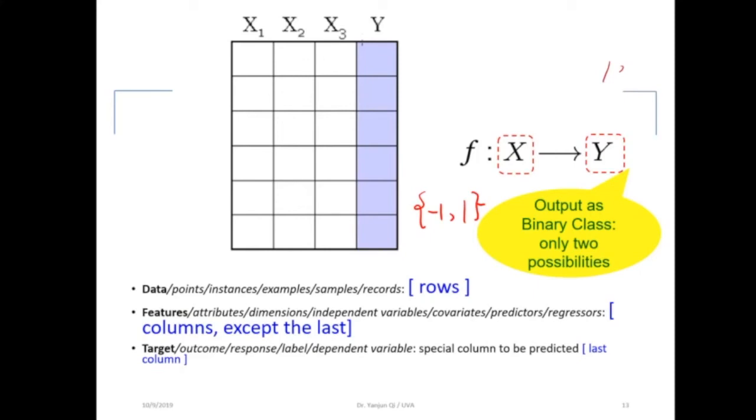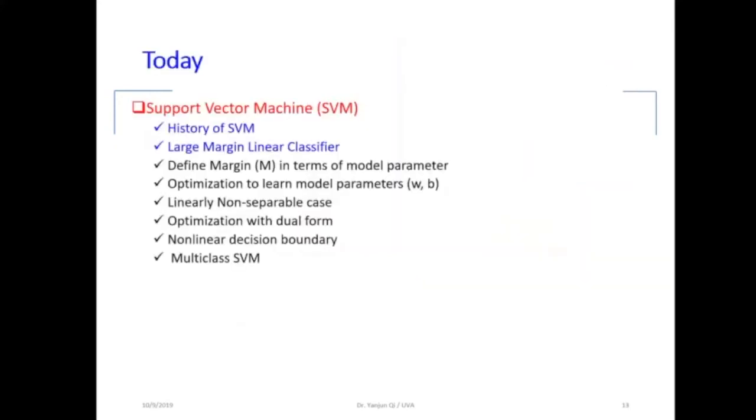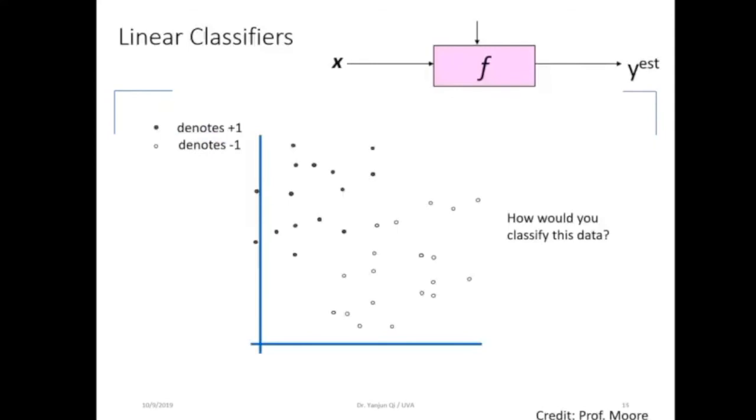You have to have -1 and 1 labels for binary SVM classification, and we're going to talk about why. It's very easy, you can tell why it's -1 and 1. So its basic task is binary classification.